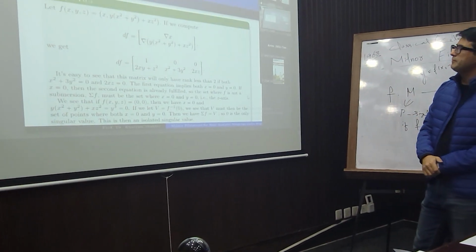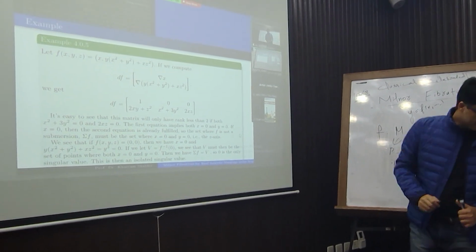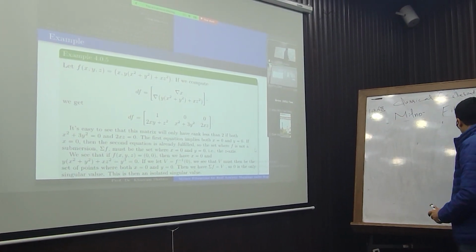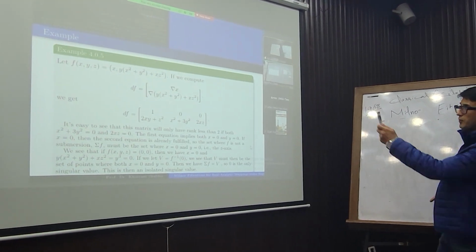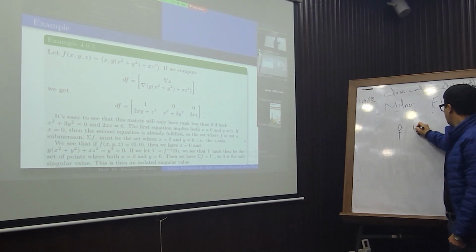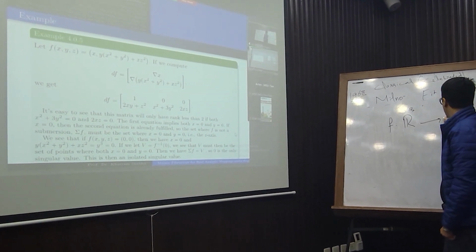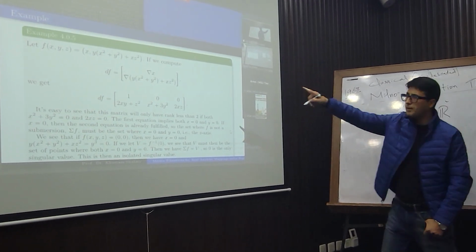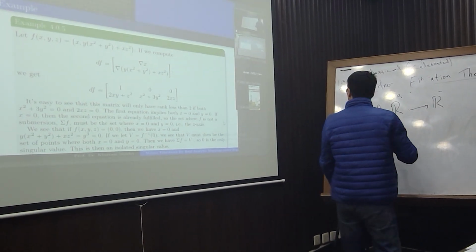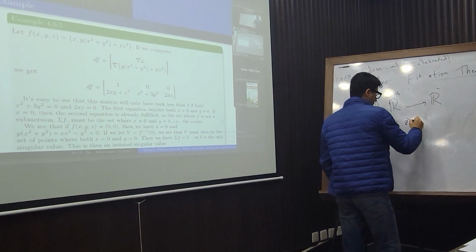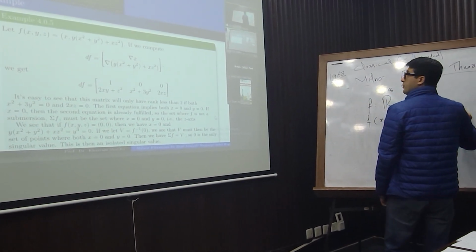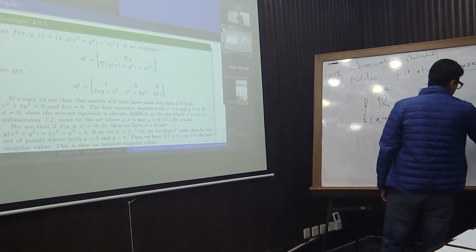Next, here you can see an example. So how to find the singular values and points. For example, if you look at this example, this is the map from R3 to R2, defined as f of x, y, z is (x, y times x square plus y square plus xz square).